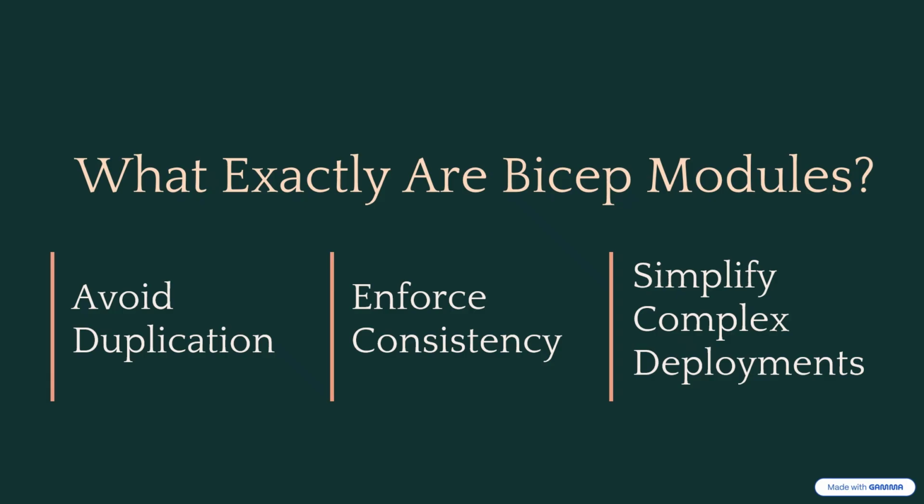It helps us to avoid duplication by eliminating redundant code, making our infrastructure definitions DRY, simply meaning do not repeat yourself. In terms of enforcing consistency, it ensures all deployments of a specific resource type adhere to predefined standards and configurations, helping us to maintain a standard across all deployments.